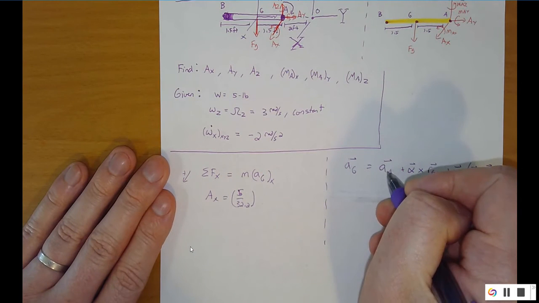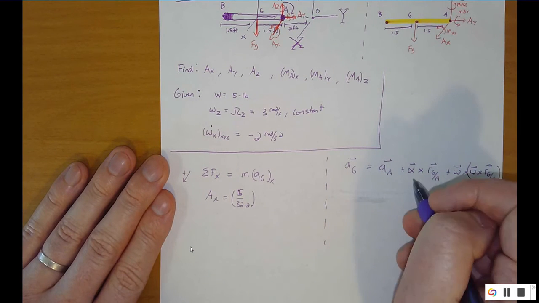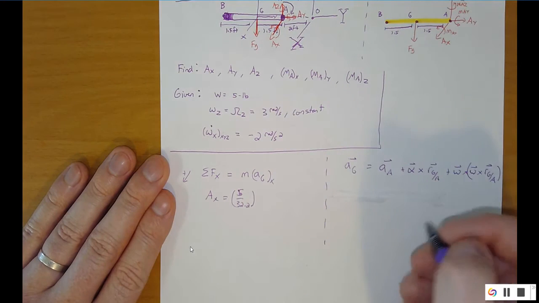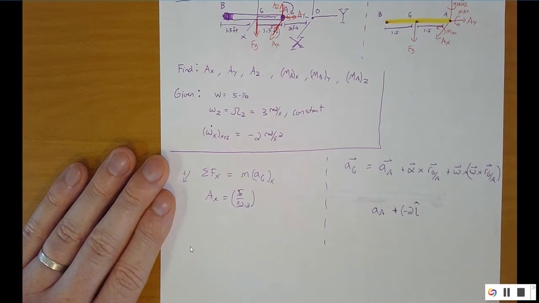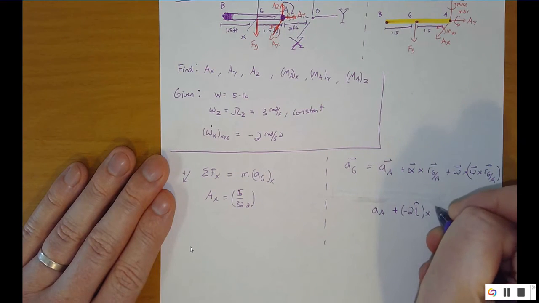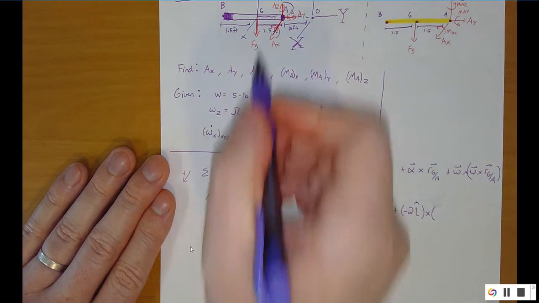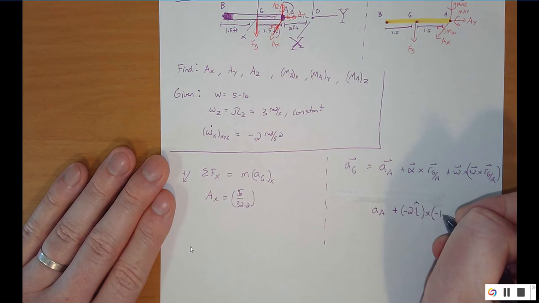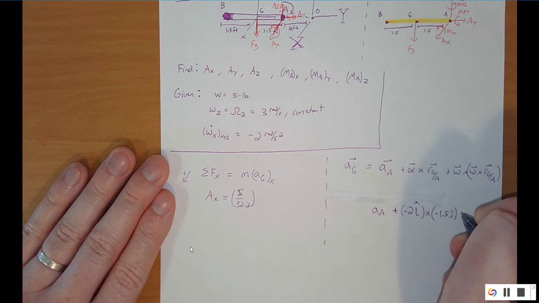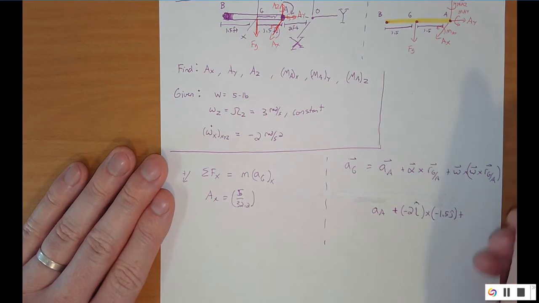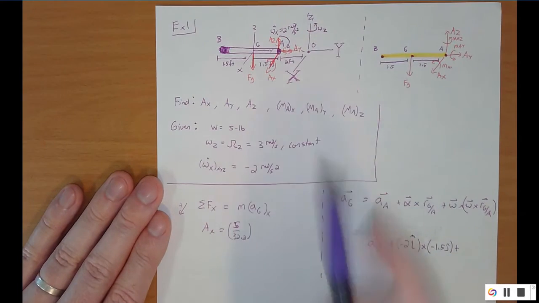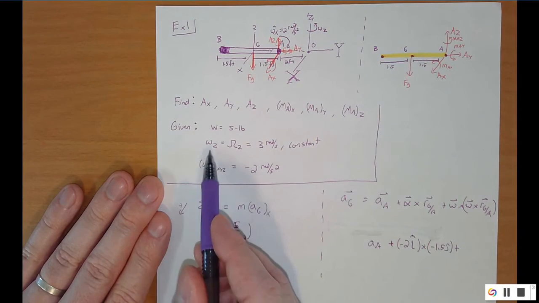Acceleration of A, I will need to find that. Alpha is just the 2 radians per second. We're going to cross that with the vector r_G from A, which is 1.5 in the negative j, so negative 1.5 j hat. And then we get omega cross omega cross r_G to A. Our omega is caused by this rotation up here, the omega z, so it's just the 3.